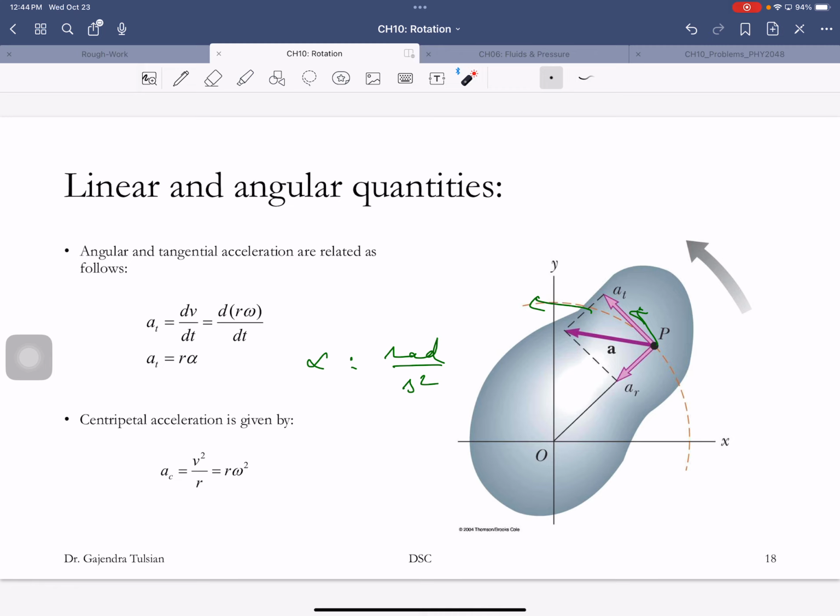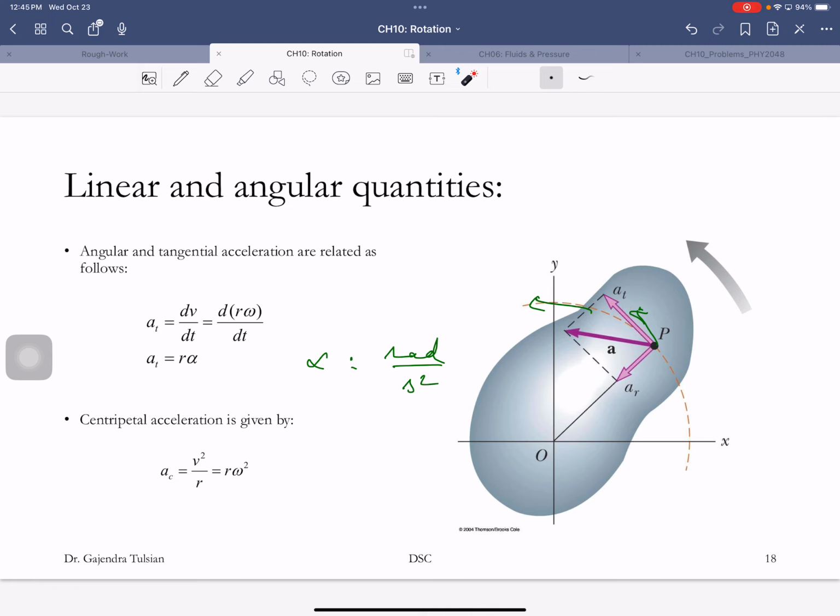When this object rotating about that axis has angular acceleration, the speed of this point is changing, and the direction of the velocity of that point is also changing. So it has centripetal acceleration as well, or radial acceleration. It has tangential acceleration and centripetal acceleration.